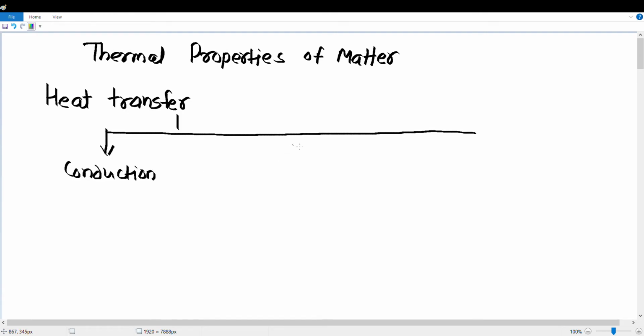The second one is known as convection, and the third one is known as radiation. These are the three ways in which heat gets transferred from one point to another point.